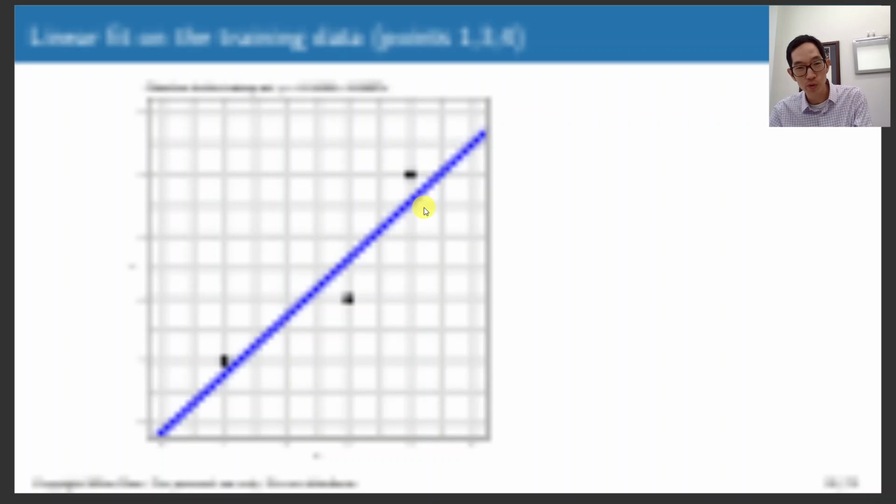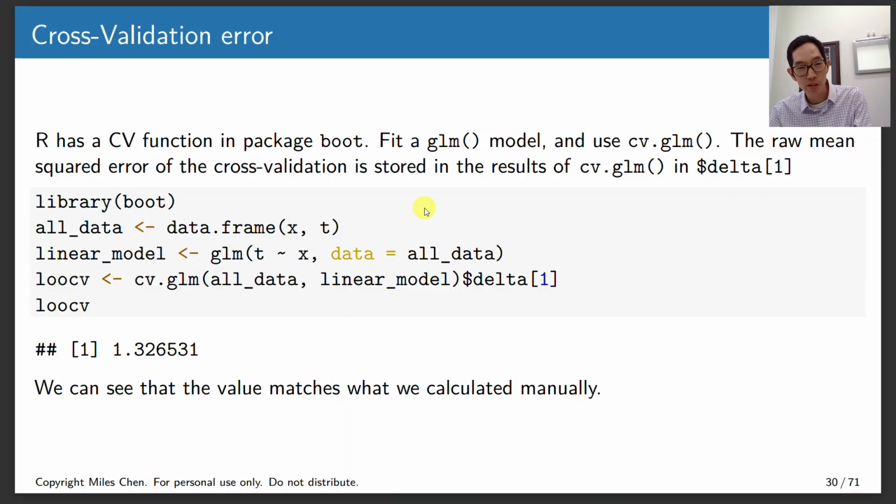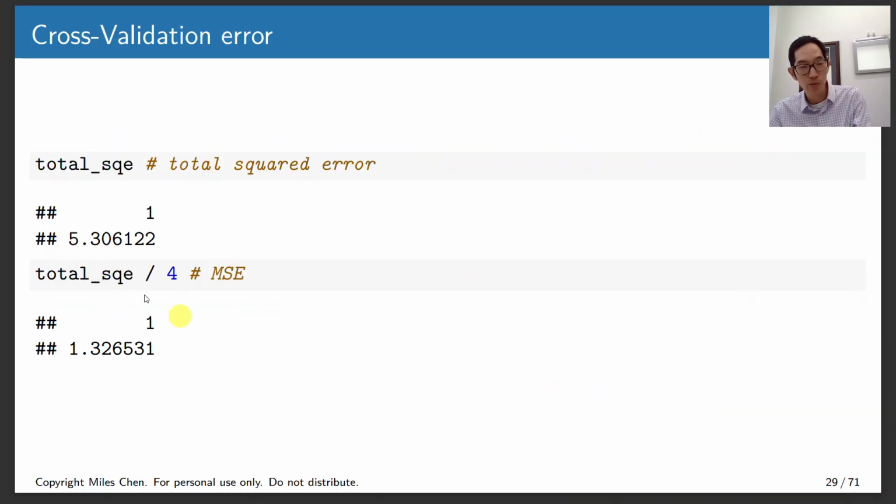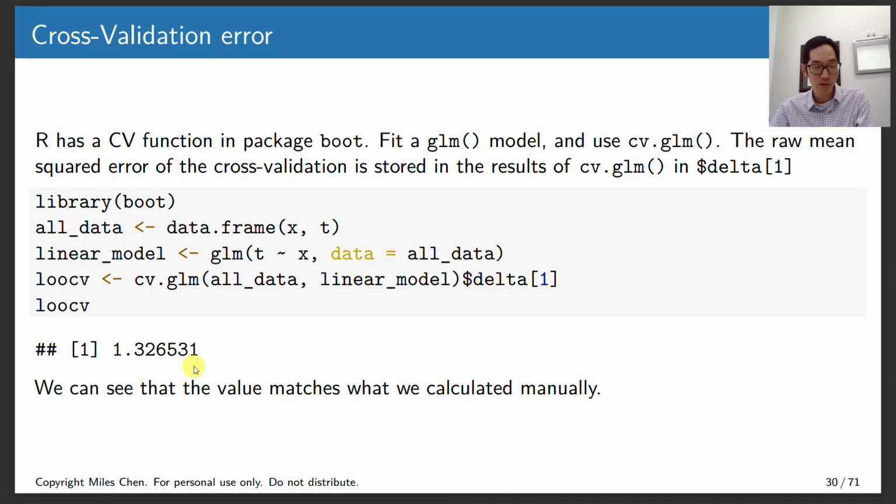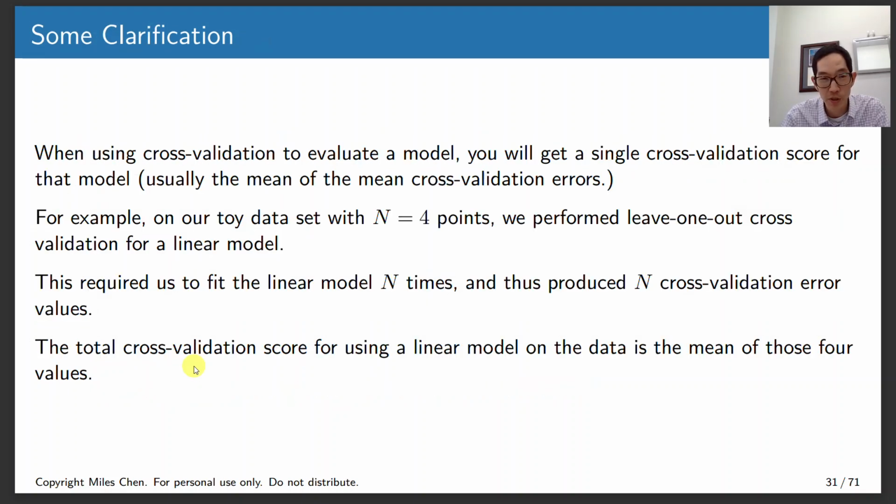When we add up those 4 values, you get 5.306 divided by 4 is 1.326531, and indeed, we get the matching value using R's boot package.